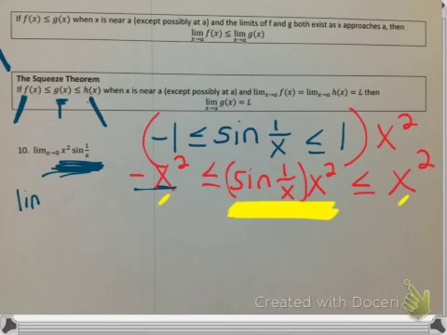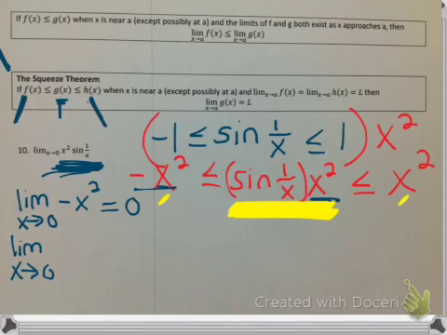The limit as x approaches 0 of negative x squared: what does that equal? I can just plug the 0 in, so I get 0. And the limit as x approaches 0 of this side, which is positive x squared, equals what? 0 also. Since the limit of the left function and the right function both equal 0, then what must be true? The limit of this must be 0.